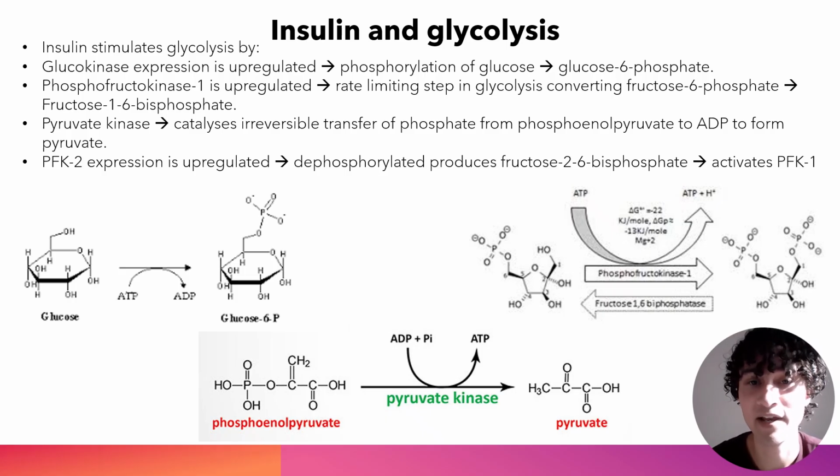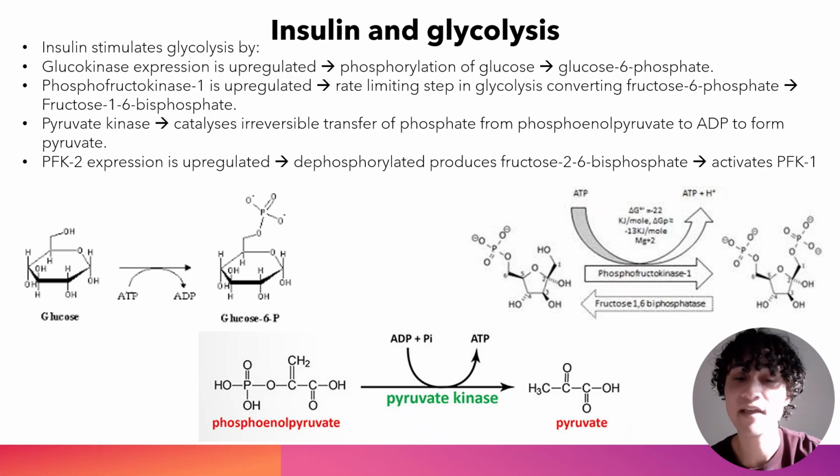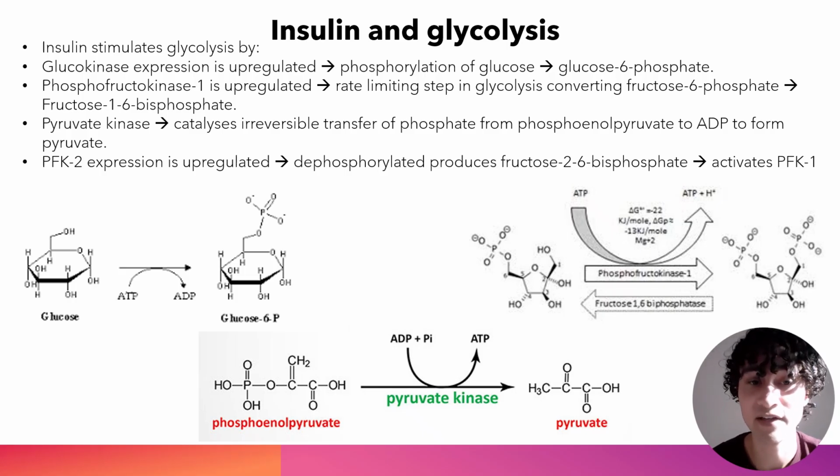That's also upregulated, and that's a rate-limiting step in glycolysis where fructose 6-phosphate is converted to fructose 1,6-bisphosphate, and then that fructose 1,6-bisphosphate can be split into glyceraldehyde 3-phosphate and dihydroxyacetone phosphate, which is a really important step in glycolysis. So that enzyme is also upregulated. Pyruvate kinase is also upregulated, so you get more production of pyruvate.